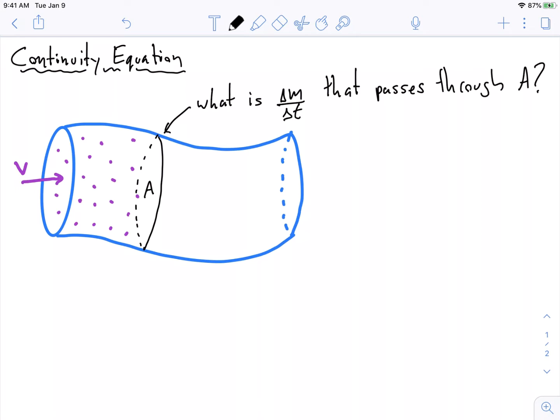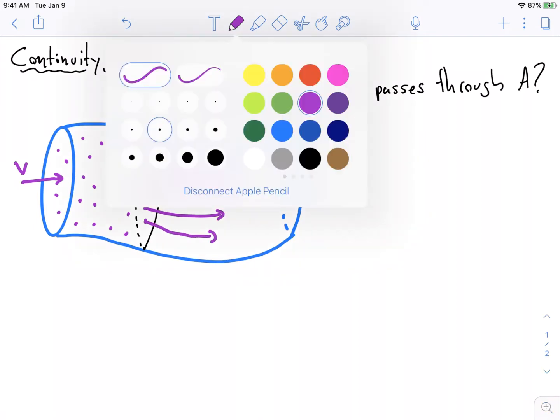So let's think about this fluid flowing for a bit. If we leave the fluid to flow, what happens? Every little dot of fluid that is on this surface in some time will flow this way. Right? It'll flow down this way.